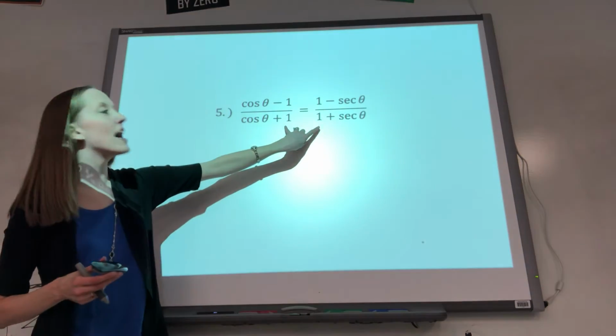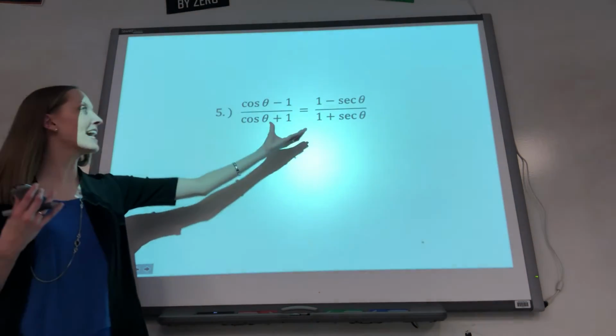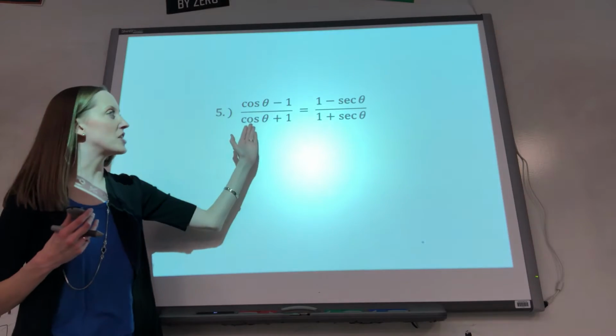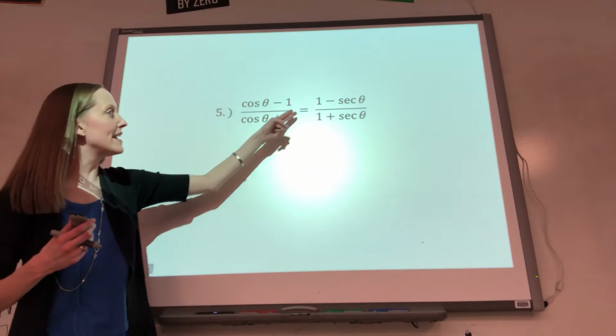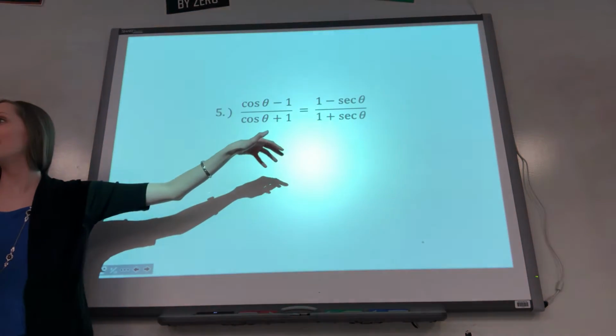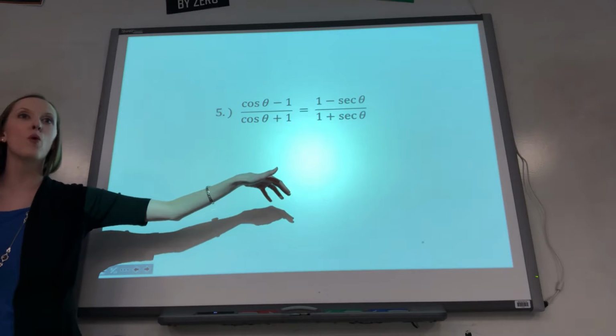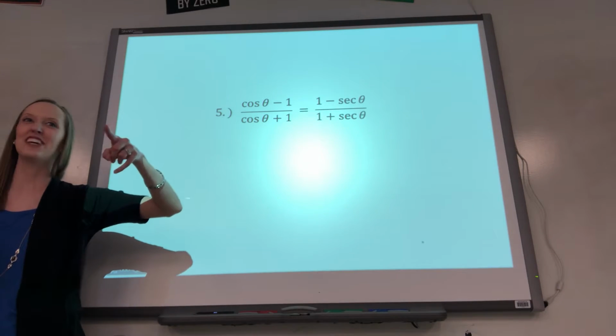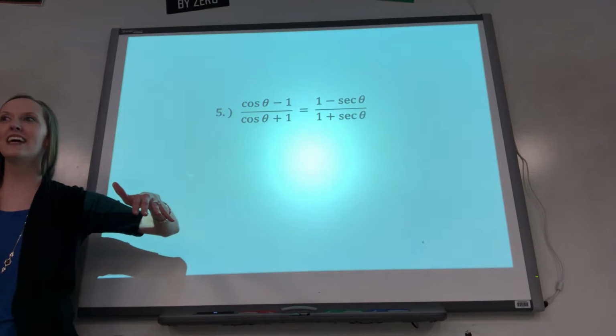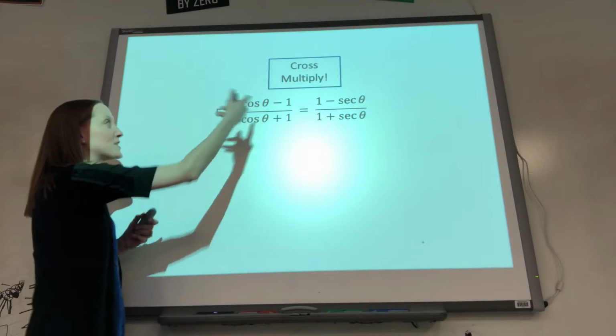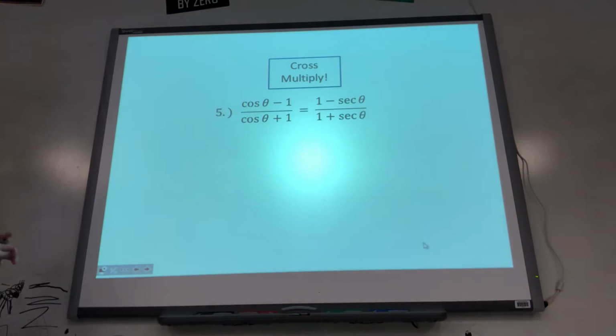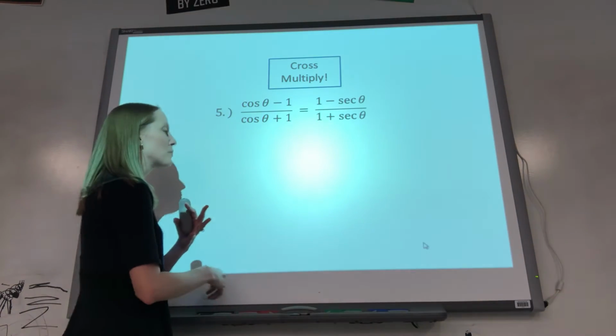Now let's go back to algebra for just a second. What we have right here is technically a proportion. There's a fraction equaling a fraction. Do you remember how to solve proportions? Jay says no. Anybody? Cross multiply. Yeah, it's been a while, but to solve a proportion, you gotta cross multiply.